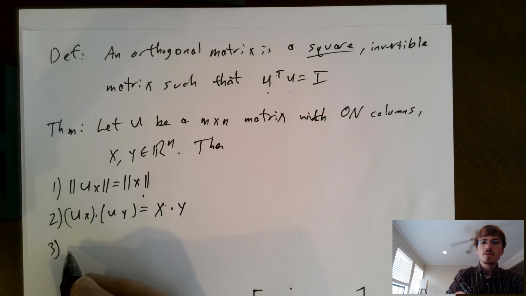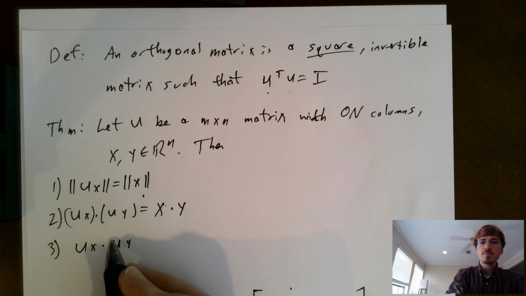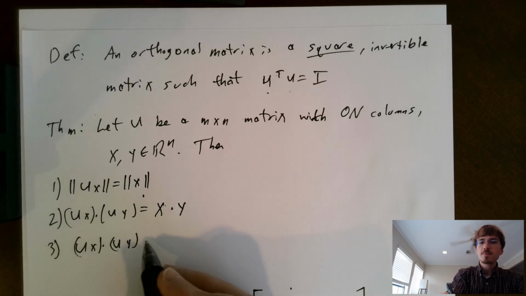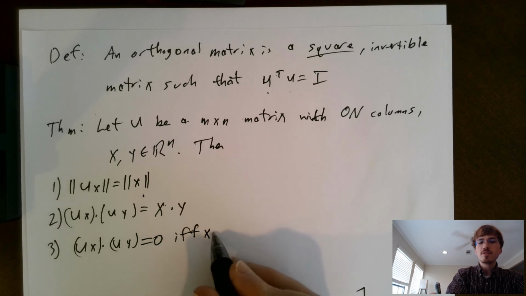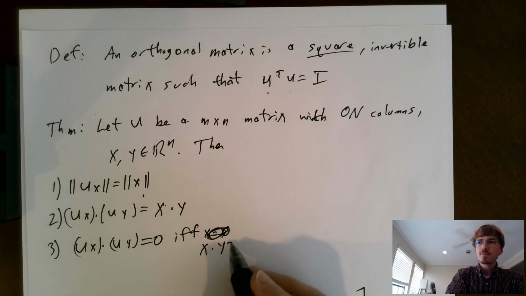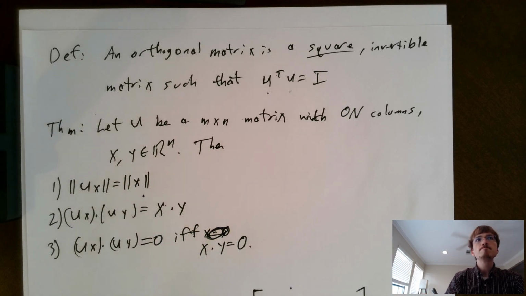3. Ux dot Uy equals 0 if and only if x dot y equals 0.